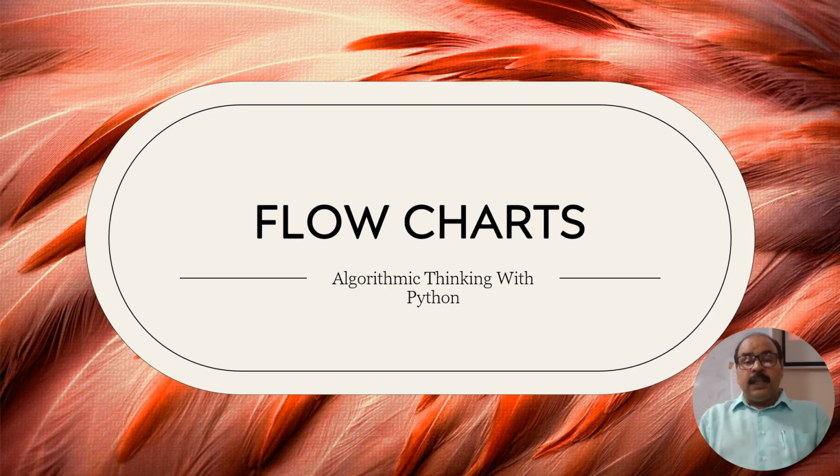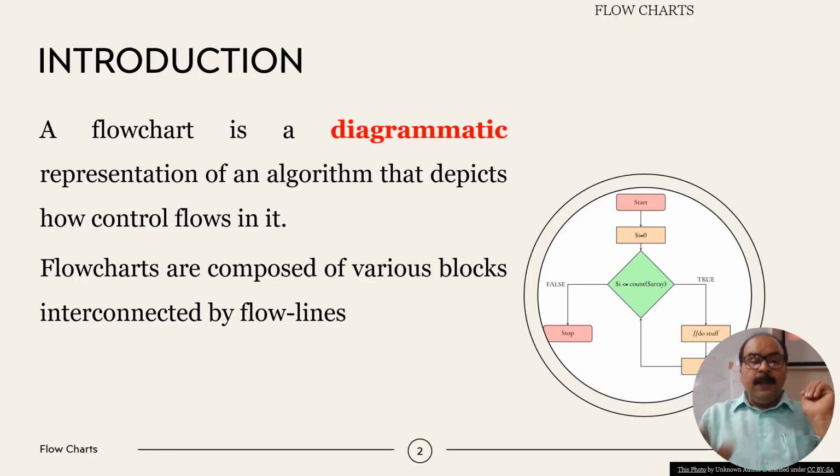What is a flowchart? A flowchart is a diagrammatic representation of an algorithm that depicts the flow of the program. I told you already that we have something called a structure for programs, right? How the structure works is called a flowchart. What is the first step? What is the second step?